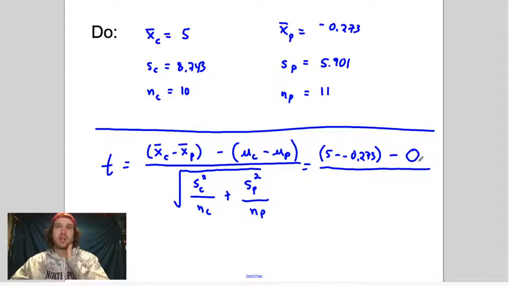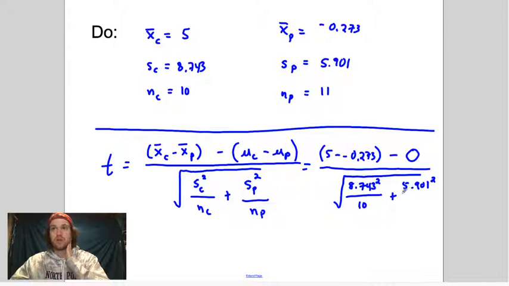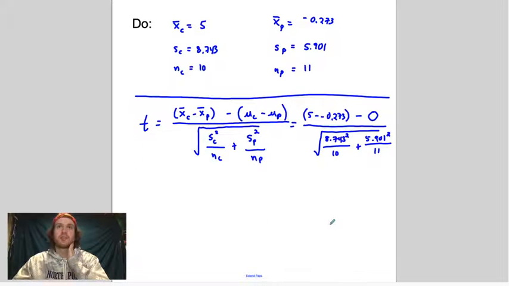So we're assuming they're equal, which means the difference should be 0, and the standard deviation of our statistic down here is going to be 8.743 squared divided by 10 plus 5.901 squared divided by 11. And we get some numbers.